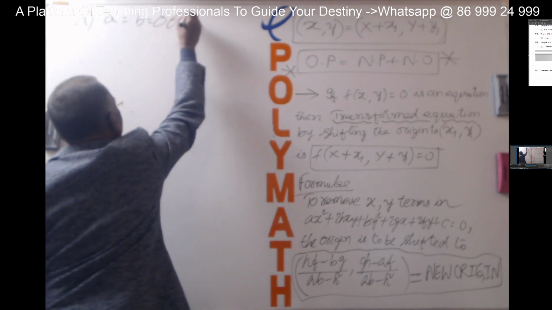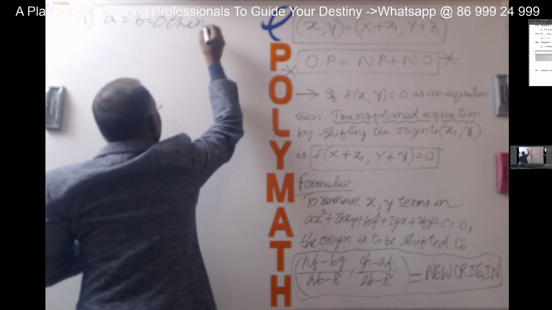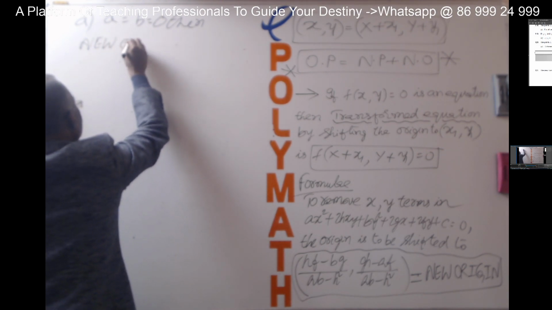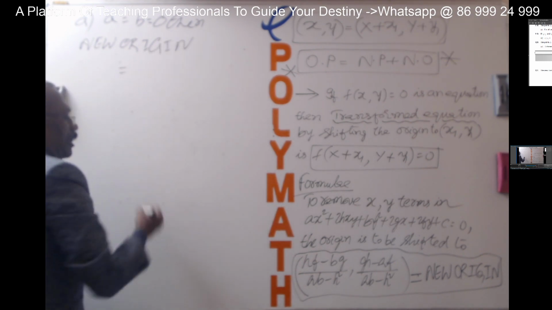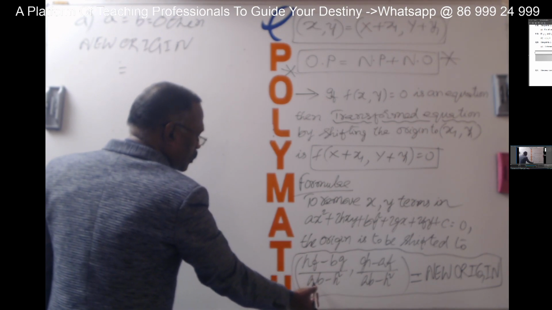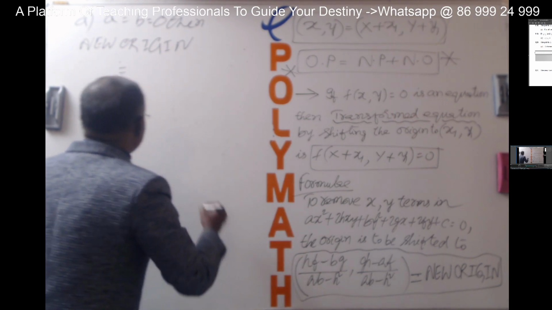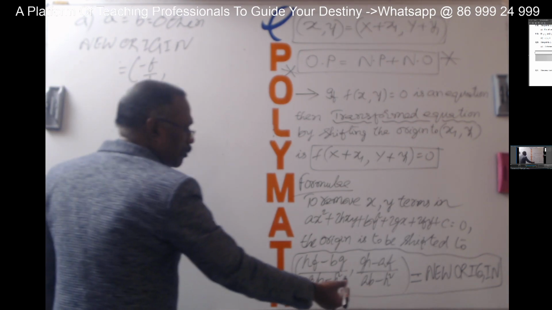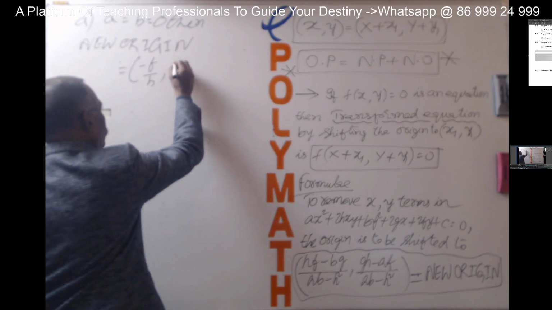Then new origin is equal to, see here, h is remaining. This becomes 0. hf by minus h square, h is getting cancelled. Minus f by h. Here also, this becomes 0. And gh by minus h square, minus g by h.